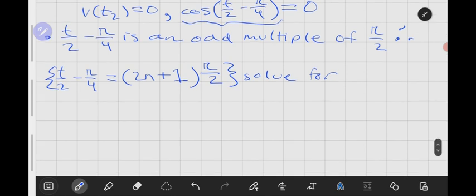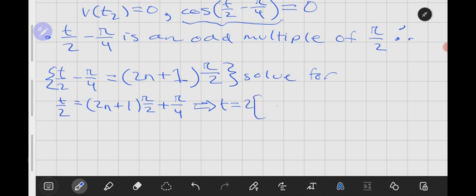So we will rearrange it and then say t over 2 is equal to 2n plus 1 times pi over 2. And we will add pi over 4 to both sides, and then multiply both sides by 2 so that we get our final statement for t, so that we isolate for t.